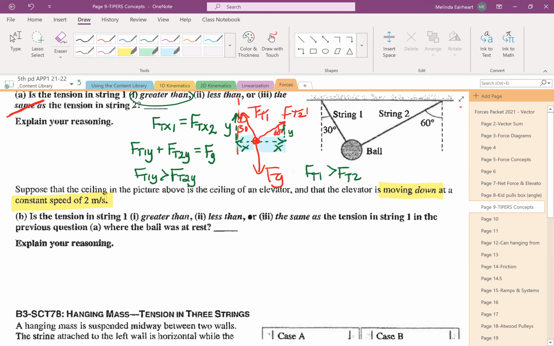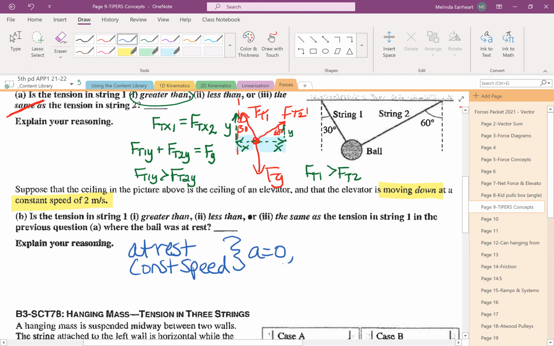Now that we're moving down in an elevator at a constant speed of 2, how does that tension in string 1 compare to the at rest scenario? What does at rest and constant speed have in common? 0 acceleration. Tell me more about the forces. Net force equals 0.